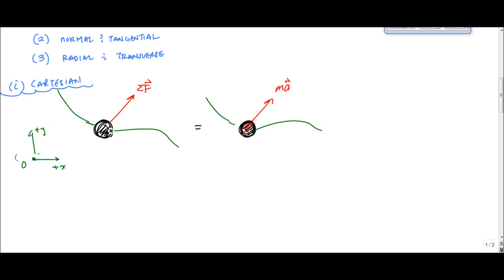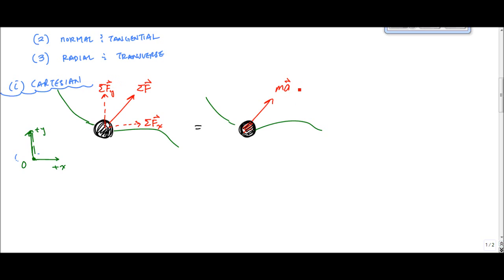A lot of times people put it right on the particle, or not. But you have a plus x and a plus y orientation. And what you do is you break up the sum of the forces into the x and the y components: sum of the forces in the x, and sum of the forces in the y.